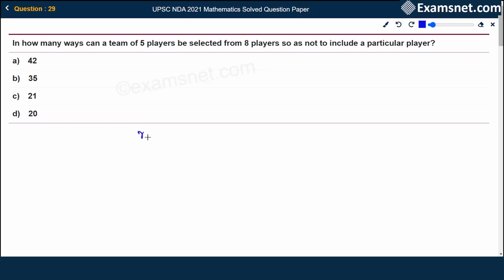Let's say there are n elements, total number of n elements, and among those n elements, we are going to take a group of r elements, or take a combination of r elements. So how many ways could that be possible? The formula is nCr, and nCr means n factorial by r factorial multiplied by n minus r factorial. That's the formula for combination.